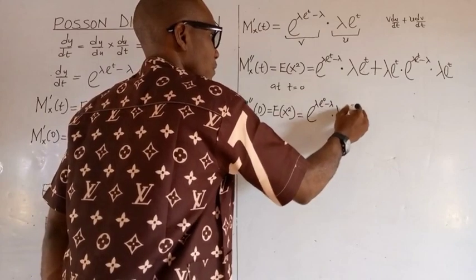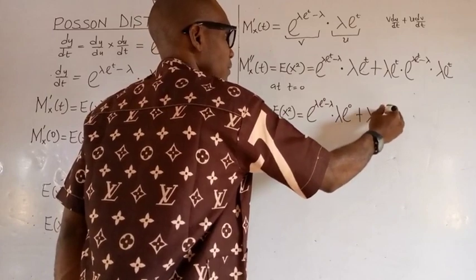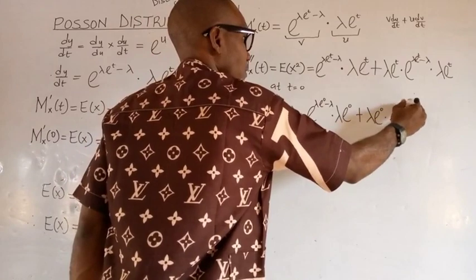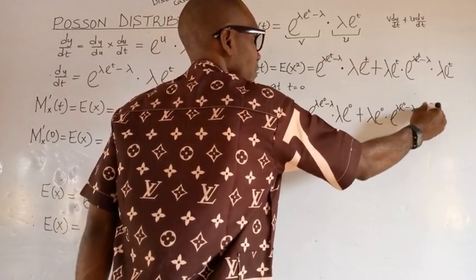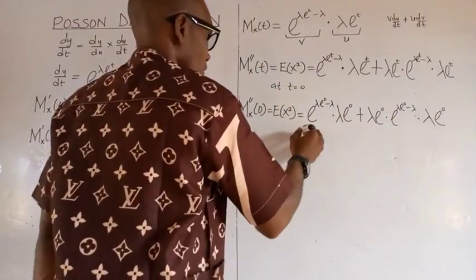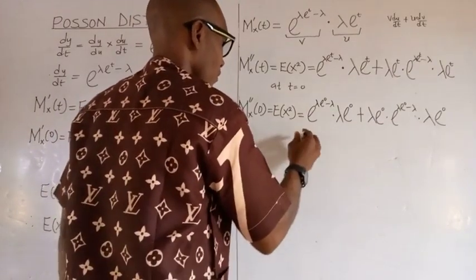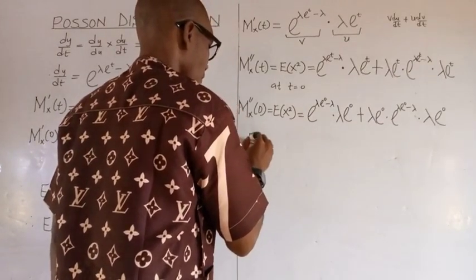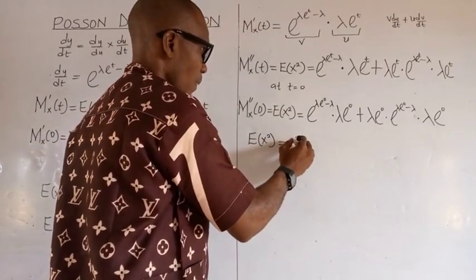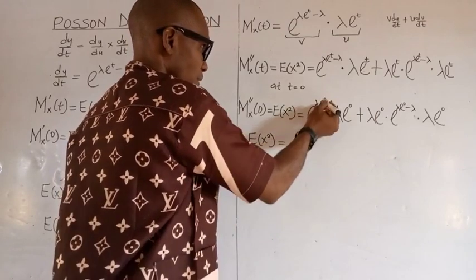That's 0 plus lambda e to the 0 plus 0 minus lambda plus lambda is 0. Of course, e raised to the power of 0 is equal to 1. So it means the expected value of x squared will be equal to exponential lambda. This is 1.